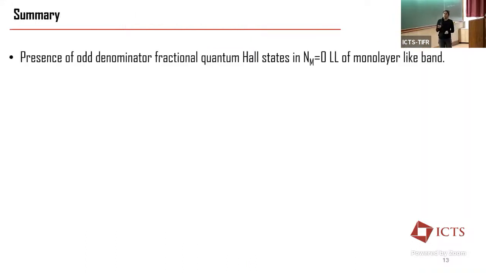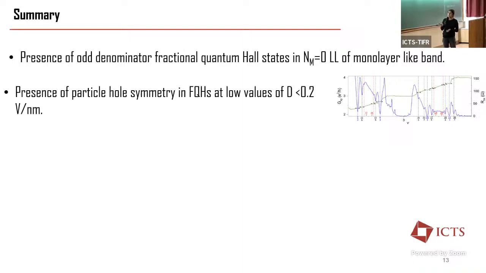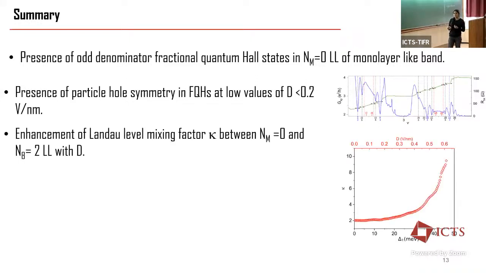To conclude the slides, we have seen various odd denominator fractional quantum Hall states in the monolayer-like band of ABA trilayer graphene. This is a plot. Then we have seen the presence of particle-hole symmetry at low values of the electric field. Then we have seen the enhancement of the Landau level mixing factor between the 0th and the 2nd Landau level of the bilayer-like band with the application of electric field.